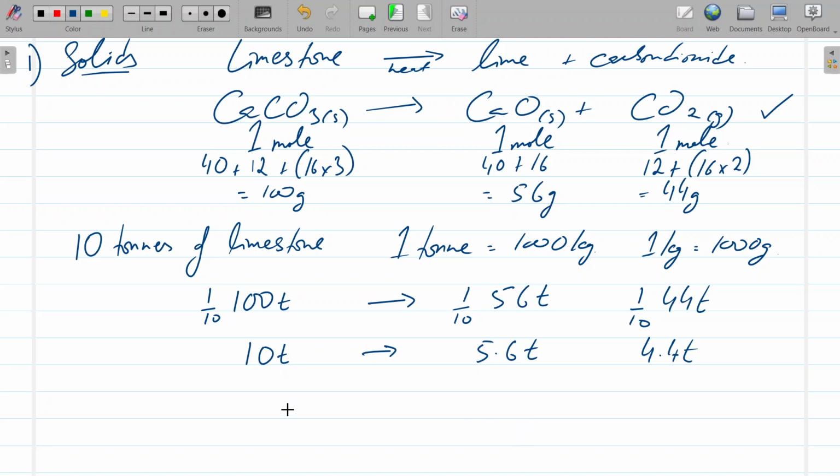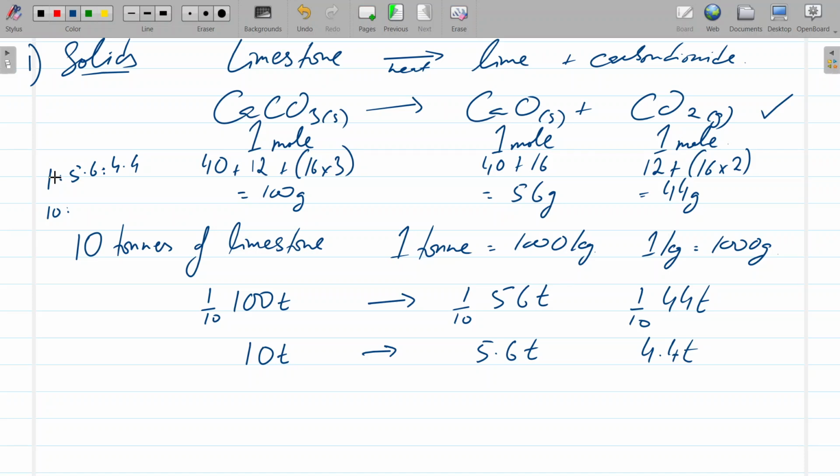Okay. Another way you could go about doing it, if it seems easy, is you could just take a ratio. Since it's 100 and 56 and 44, it's sort of like 1:0.56:0.44. And we can use that ratio for whatever you have. So it's 10 tons. Disregarding the ton, 1 is to 0.56, my bad.